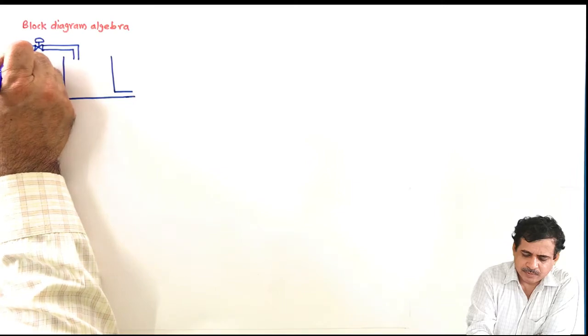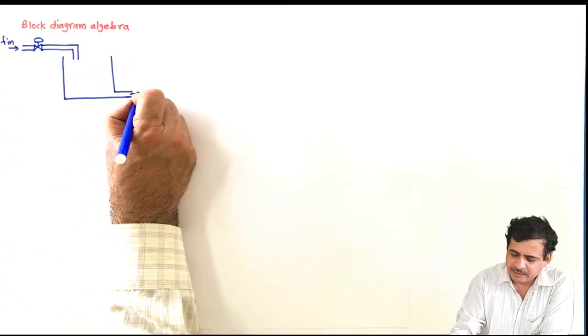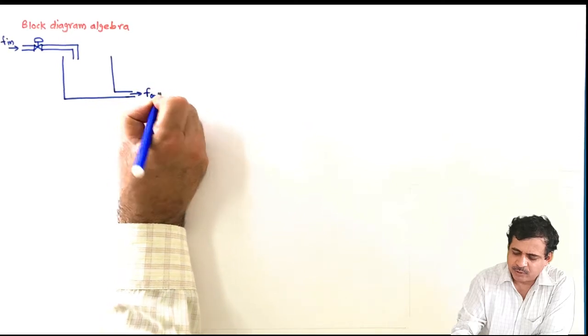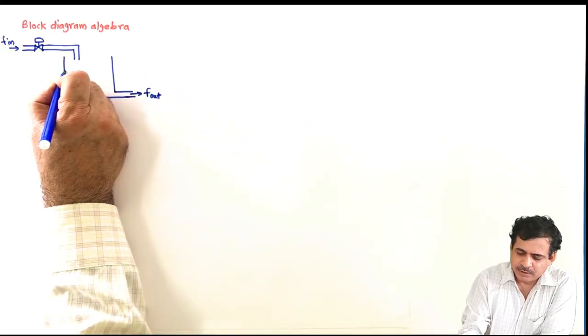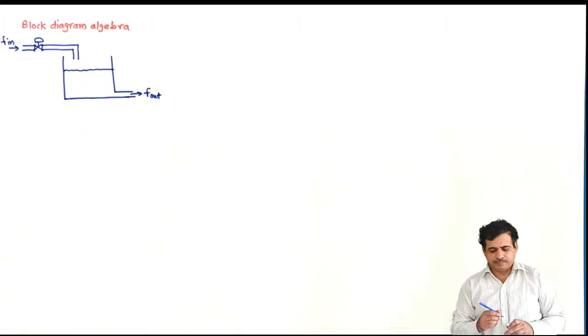So this is flow in, I will call it as F in, this is flow out, F out, and our purpose is to control the level inside the tank at the desired value.